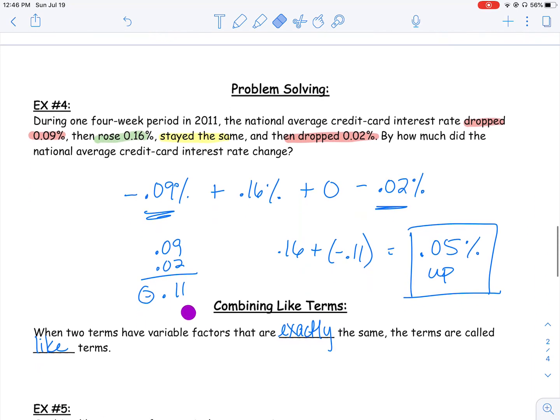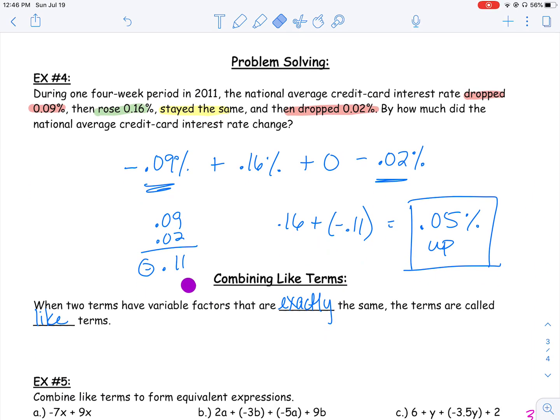All right, the last example we're going to do here is more of a problem-solving word problem example with adding positive and negative numbers together. But instead of just giving you the actual problem, they're going to make it into a word problem. So example number 4 says, during one 4-week period in 2011, the national average credit card interest rate dropped by 0.09%, then rose by 0.16%.